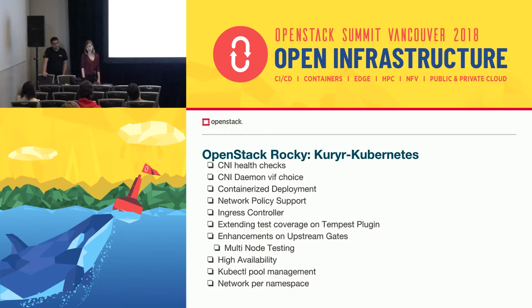And we are adding Ingress Controller, which is going to update the layer 7 rules, and extending the test coverage on the Tempest plugin, and also enhancements on the upstream gates by adding multi-node testing for other SDNs, such as OVN and ODL and Dragonflow, and also have availability for Kuryr-Controller.